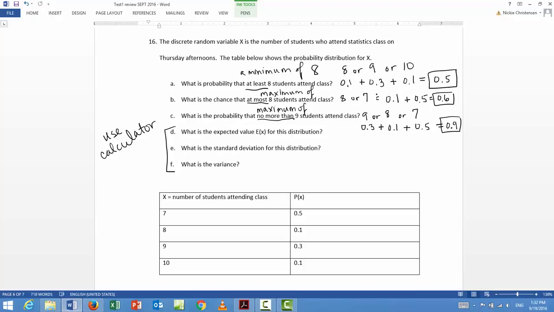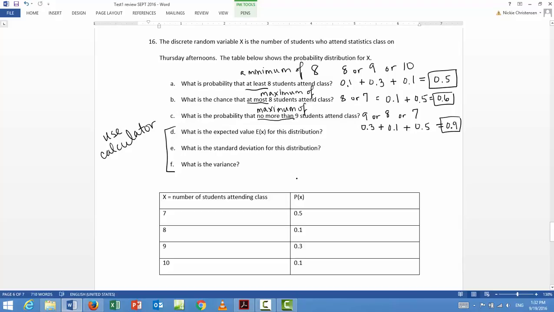So on my calculator, I turn it on and I hit mode, and then I choose 2 for statistics, and then I choose 1 because I only have one variable. And then I'll just go ahead and enter this in my X column.